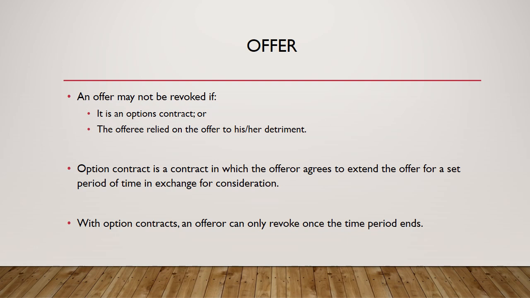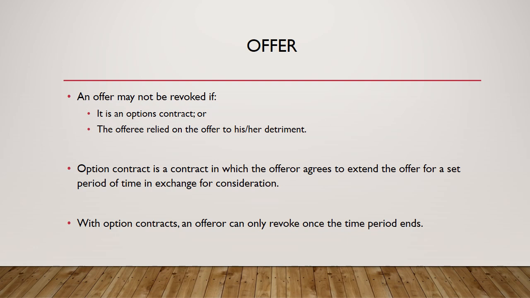So an example may be with our painter, if he's not formally accepted the offer to paint the home for $2,000, but he's gone out and he's hired people to come work, and he's bought a ladder, and he's bought paintbrushes, and he's bought paint, and then the offerer or the homeowner wants to revoke the offer.